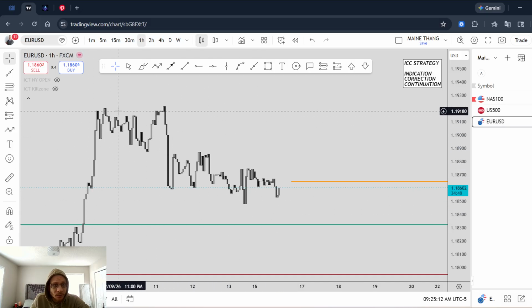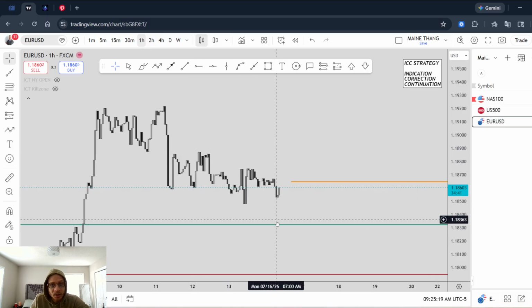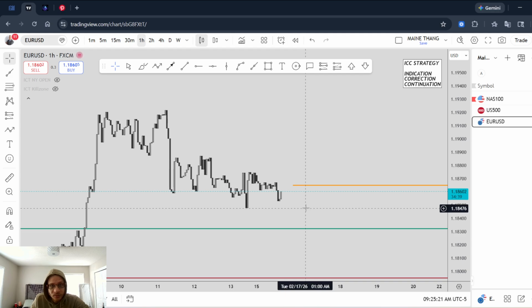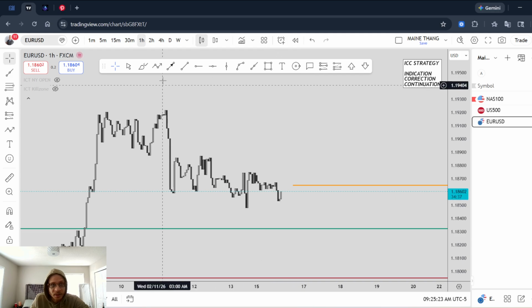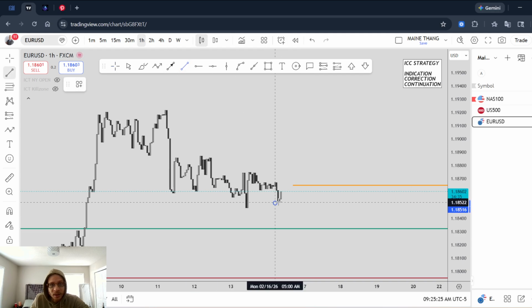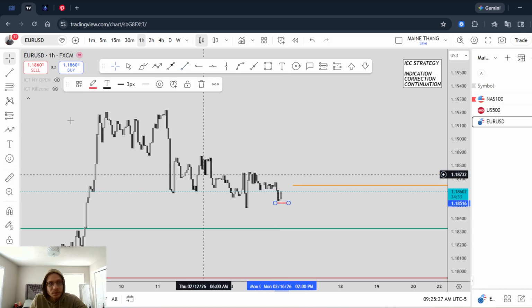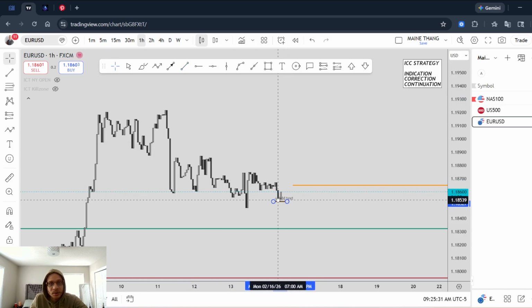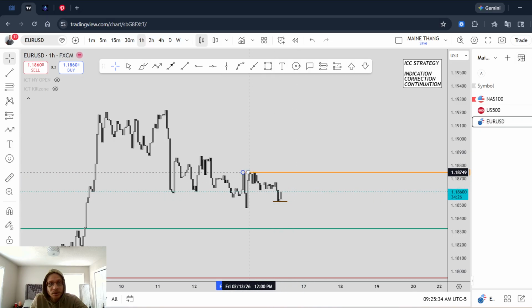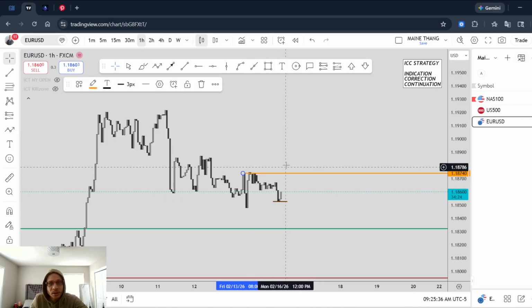So now on the 1 hour, we're going down. We're on that 4 hour correction. So what we want to see is, this could be the start of a higher low on the 1 hour, and we want to see a break of structure. I want to see this break here.